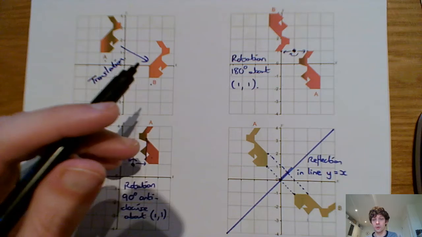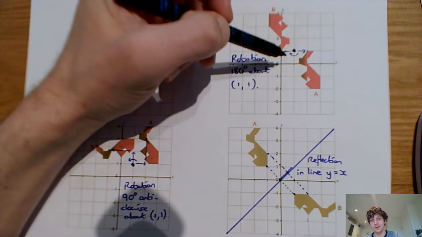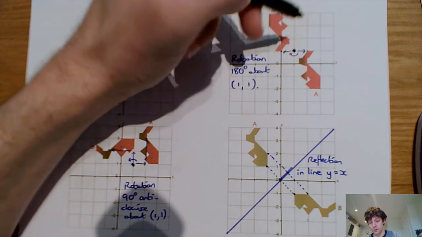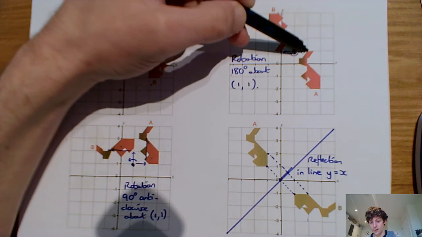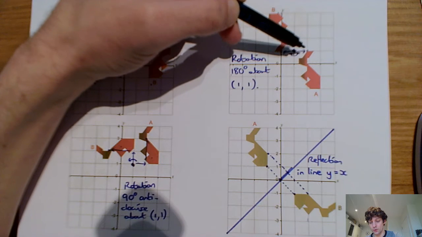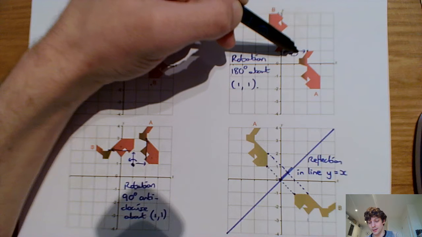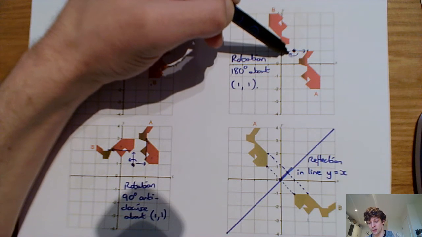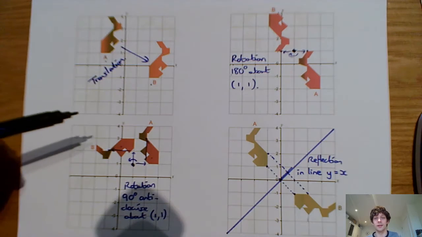So what I'm looking at doing instead is the same idea we looked at in the rotation lesson, looking at where the shape is. So here, shape A, we've got this part of the rabbit is 1 square to the right. So if I pick this as the center of rotation, if we've turned 180 degrees round, that would then go 1 square to the left, which is where that point ends up.